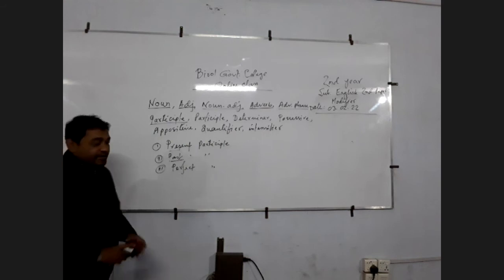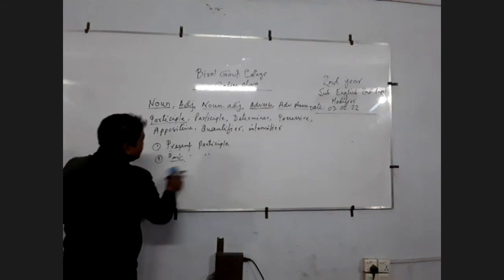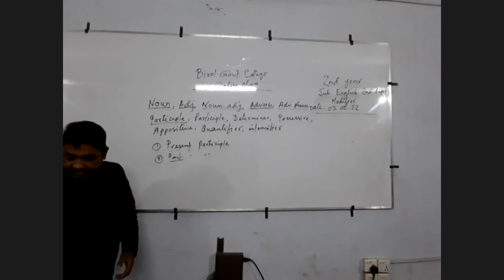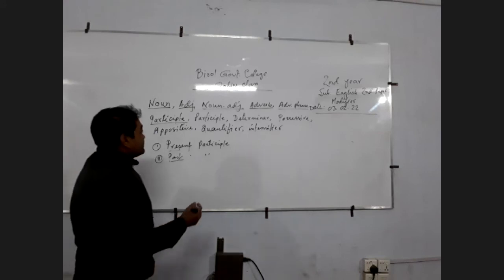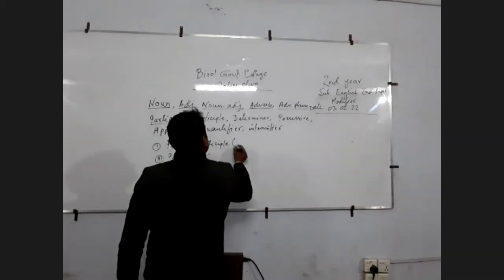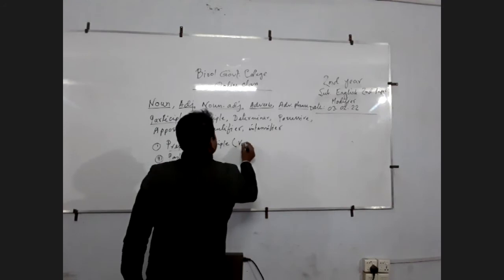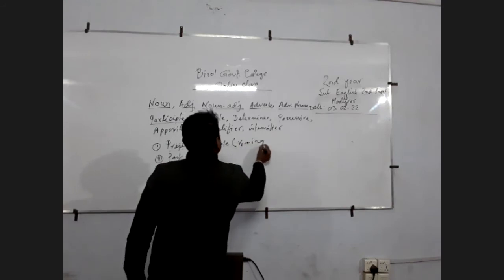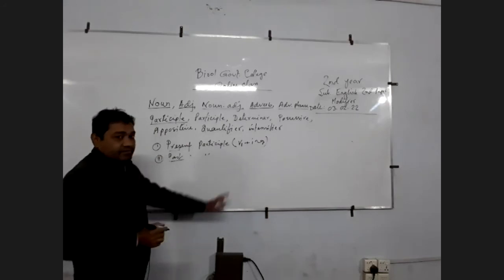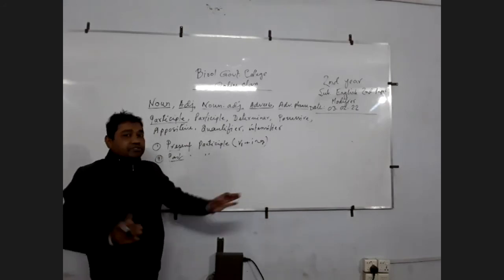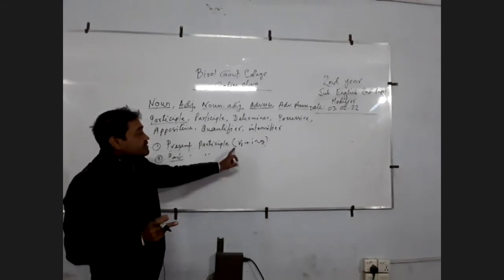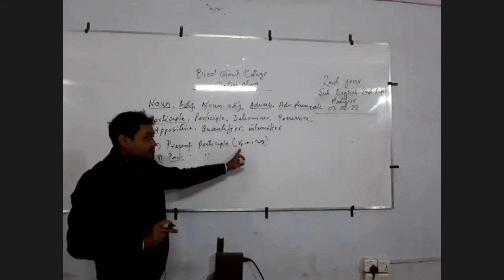So what is present participle? You have to know the structure. Present participle means verb V1 plus ing. That means you have to use ing with the base form of the principal verb.